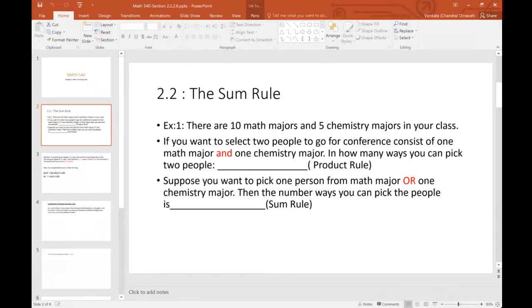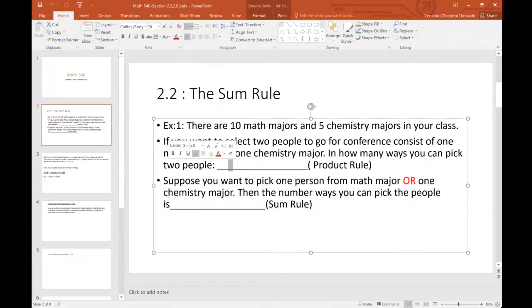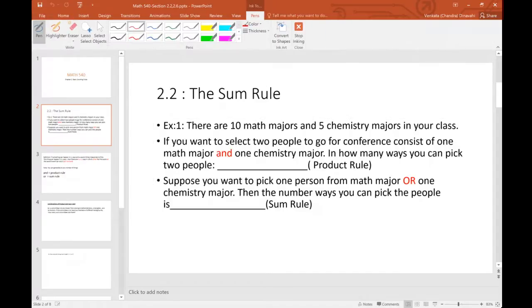So you want both, but you want to pick one in math and one in chemistry. How many different ways can you pick these people? Again, we have no favoritism here. Any math major is okay, any chemistry major is okay, but we want one math and one chemistry. As you have seen in the product rule, you are picking 2 people, one math and one chemistry.